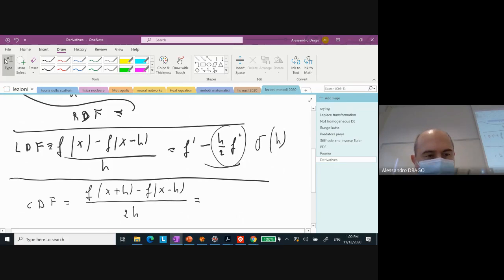One could imagine that all this is nonsense, because after all, I can take h as small as I like, and who cares if it is order h or h squared. Unfortunately, it's not like that, because if you are working with a computer, you have your numbers which are defined with a certain number of digits.